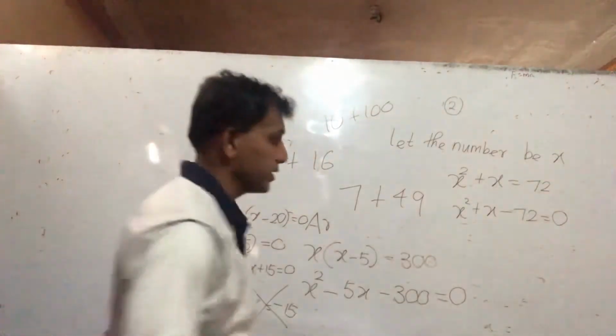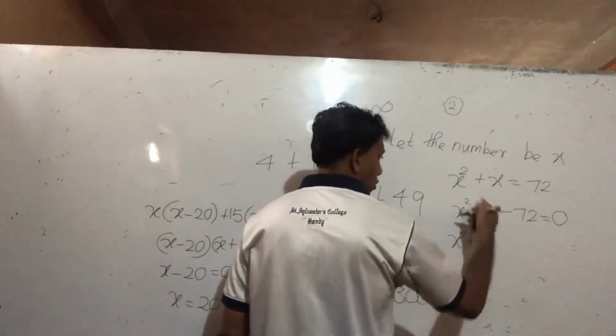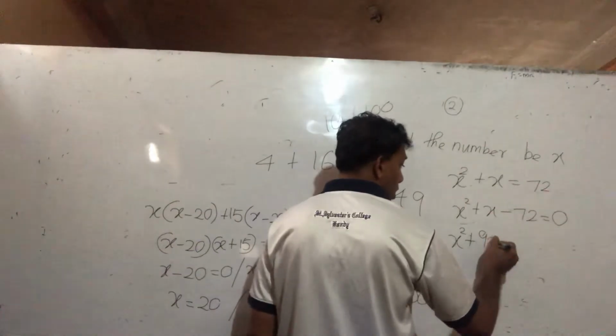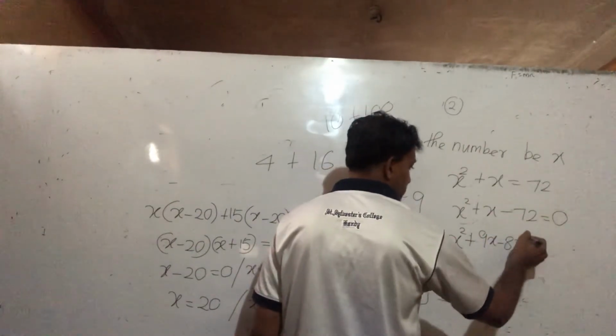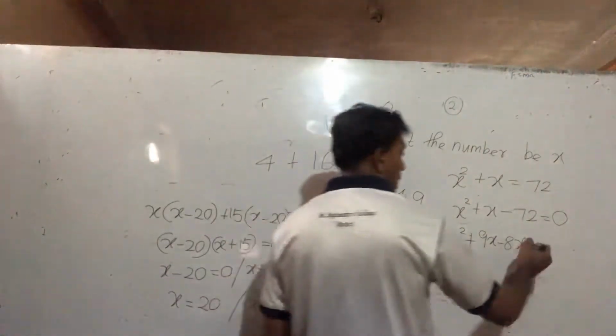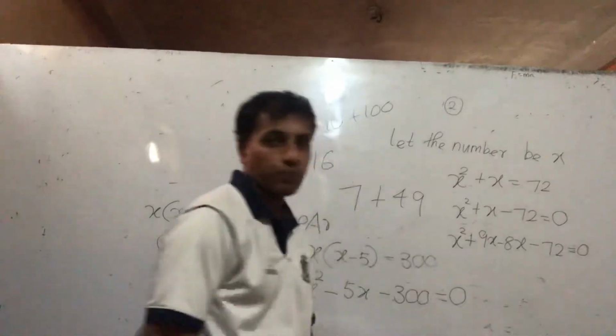So we factorize. x squared plus 1x, how do we get 1x here? 9x minus 8x, 1x. Minus 72 equal to 0.